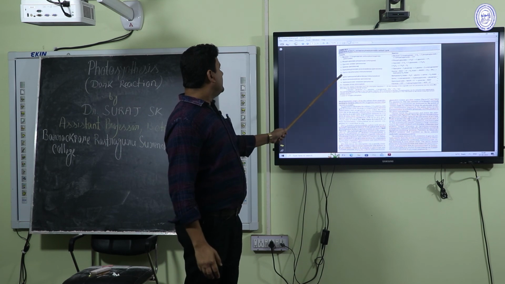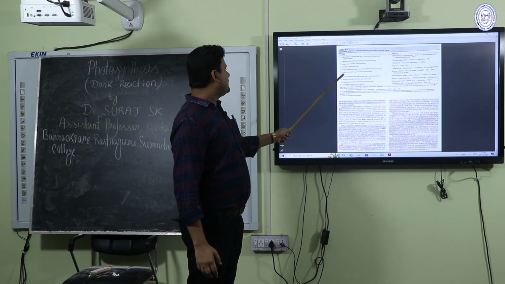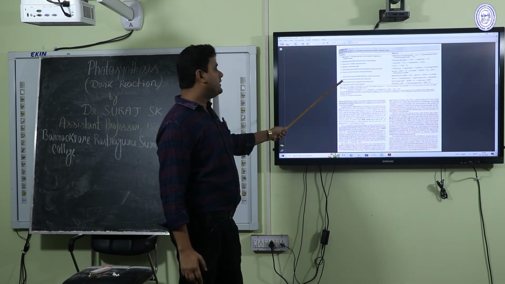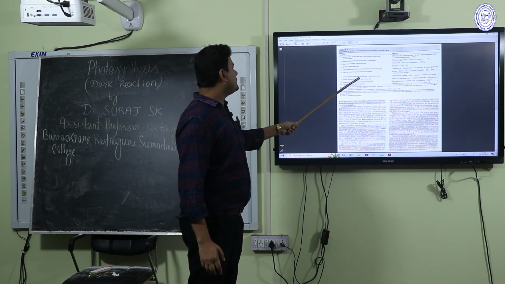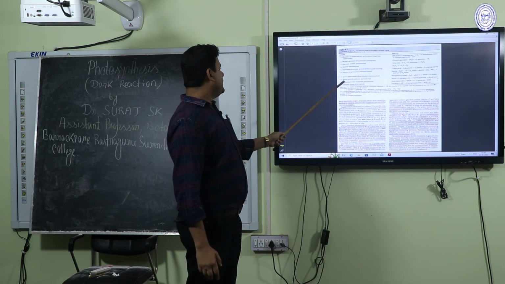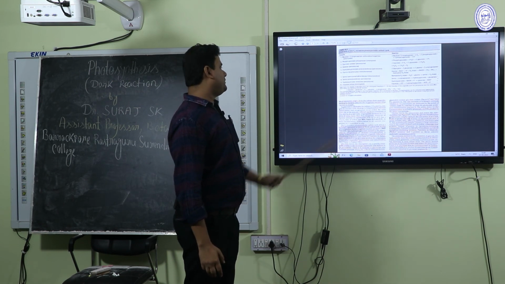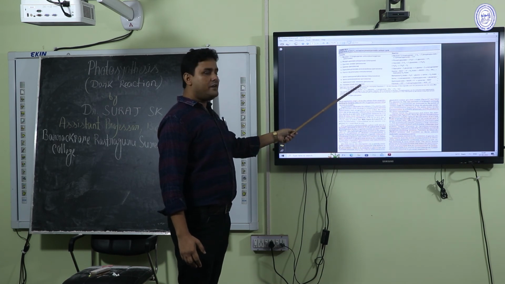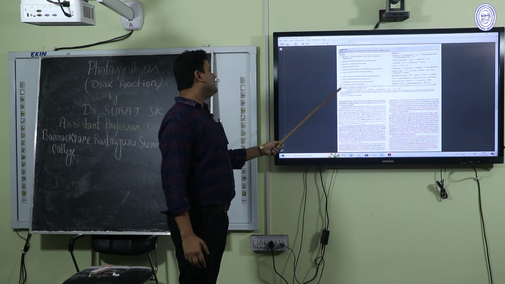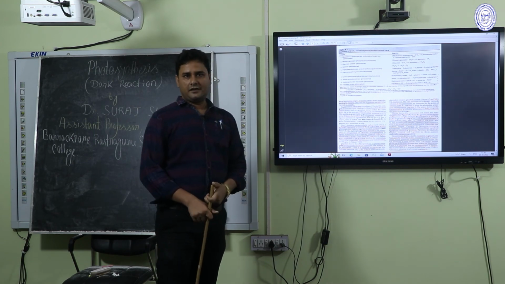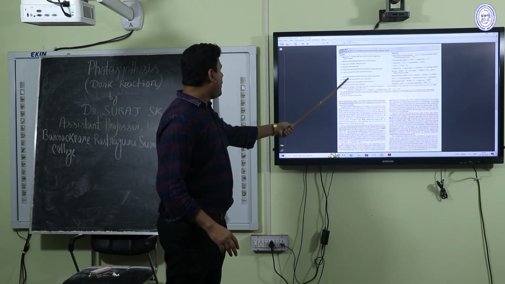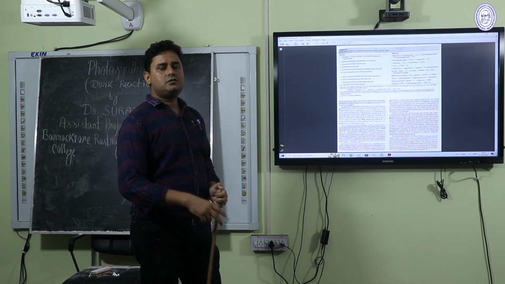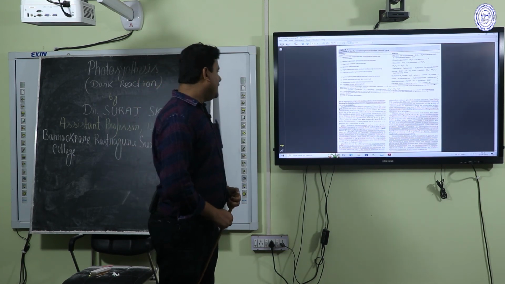And in the sixth, glycine decarboxylase. In the seventh step, serine hydroxymethyltransferase. In the eighth, serine aminotransferase. In the ninth step, hydroxypyruvate reductase. And in the 10th, glycerate kinase. So these are all the enzymes which carry out photorespiration.